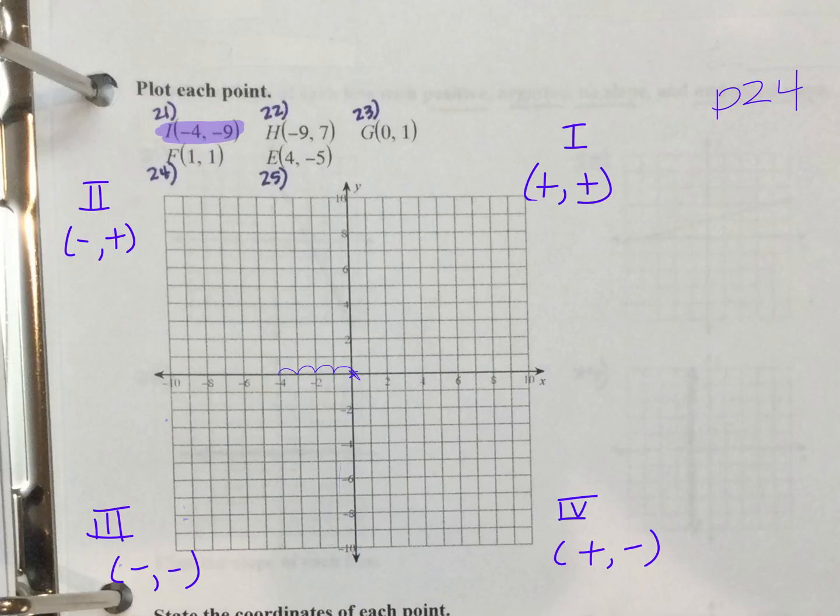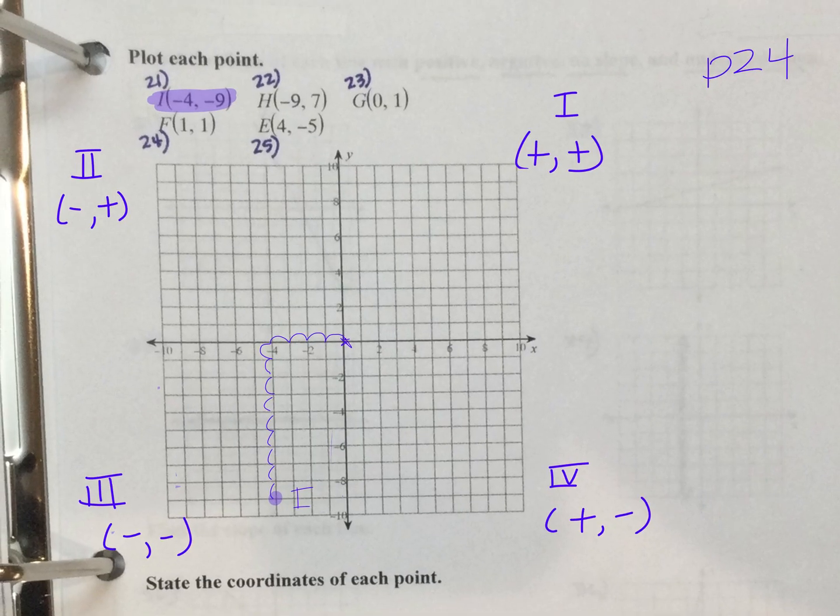And then I'm going to go down 9, 1, 2, 3, 4, 5, 6, 7, 8, 9. So my dot goes right there, and that is point I. Remember that you always go left or right first, and then you go up or down.